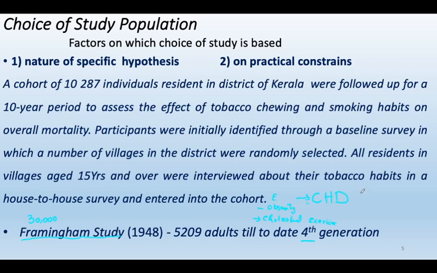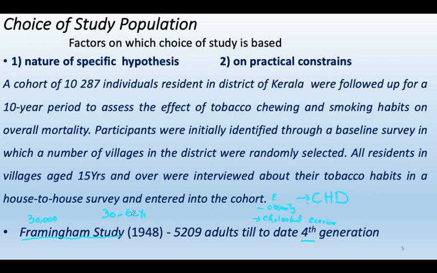The factors they came to know is that the incidence of coronary heart disease increases with age. The age window they selected in 1948 was 30 to 62 years of age.